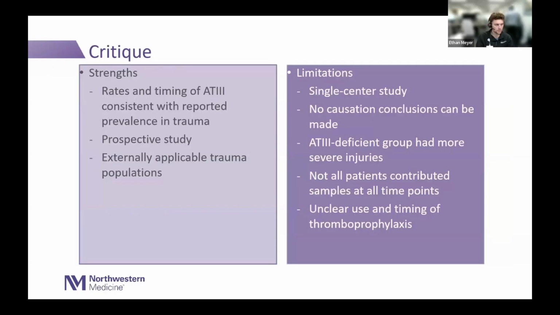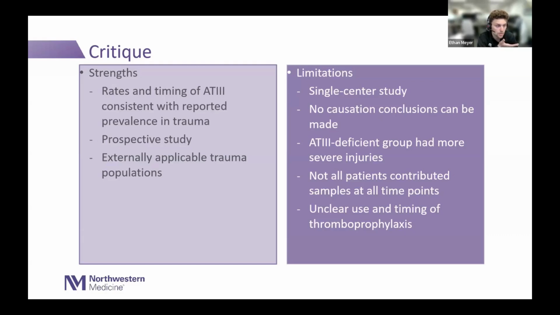So in terms of critique of the study, some of the strengths, the rates and timing of antithrombin 3 were consistent with the reported prevalence in trauma. So we expect the proportion of patients with trauma who have antithrombin deficiency to be around the 50% mark, which is what we saw here in this population.